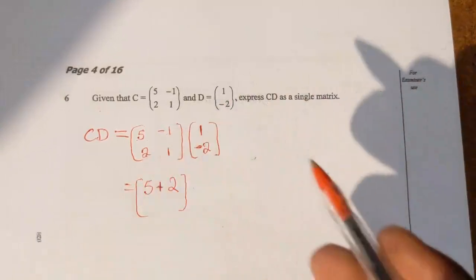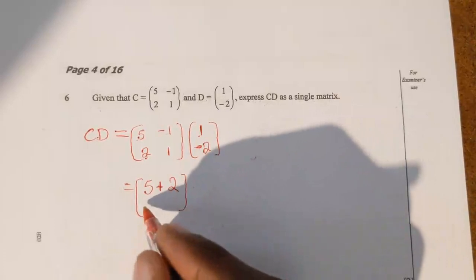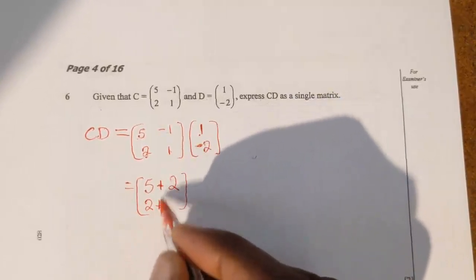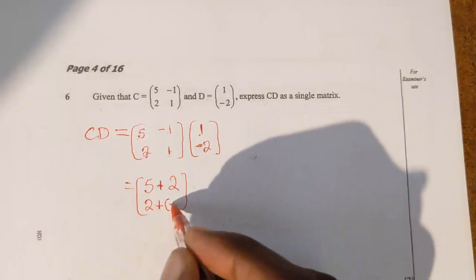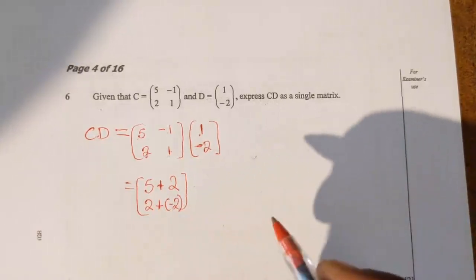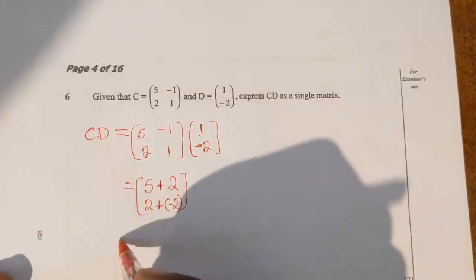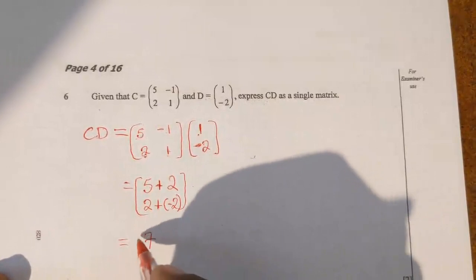Then you come here and multiply 2 times 1, that is just 2. Then you add 1 times -2, that is -2. Now 5 plus 2 is 7.